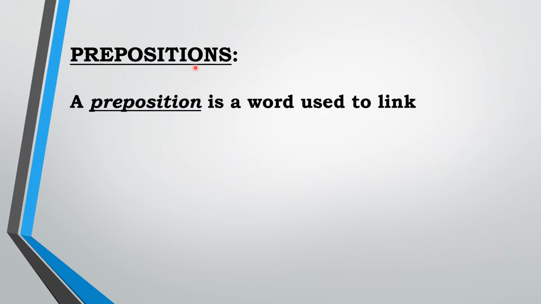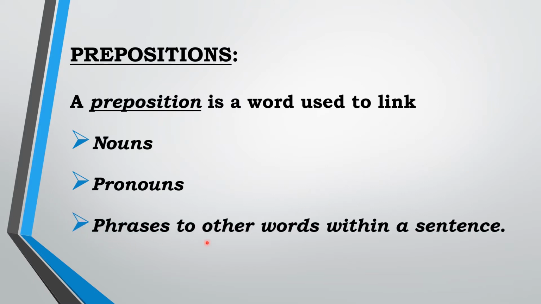What do you understand from these examples? Yes, we learned what is meant by prepositions. A preposition is a word used to link nouns, pronouns, and phrases to other words within a sentence.